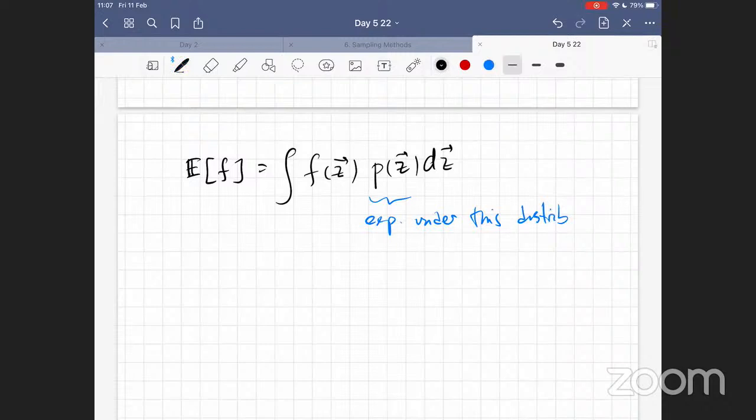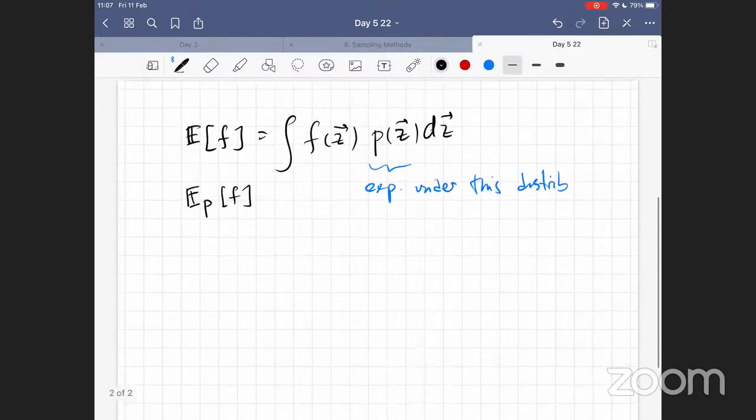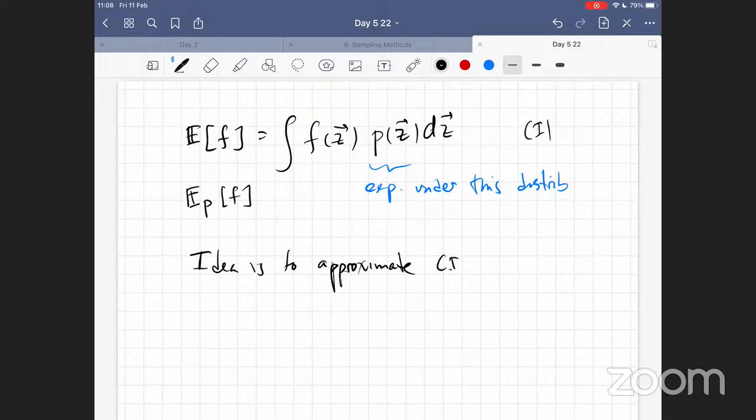Sometimes in the literature, you also see this written like this: expectation on the distribution P of the variables. And the idea in general is to approximate this integral by a sum.